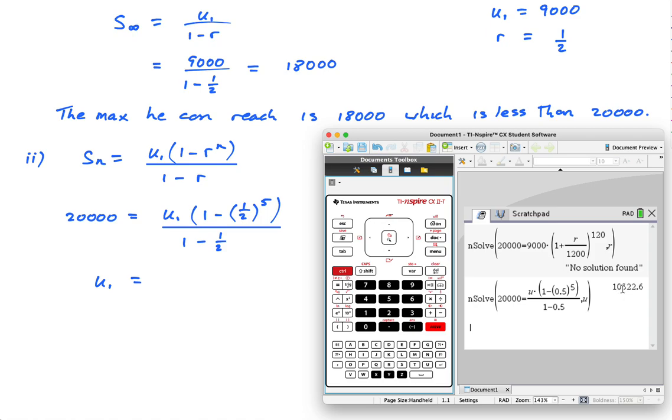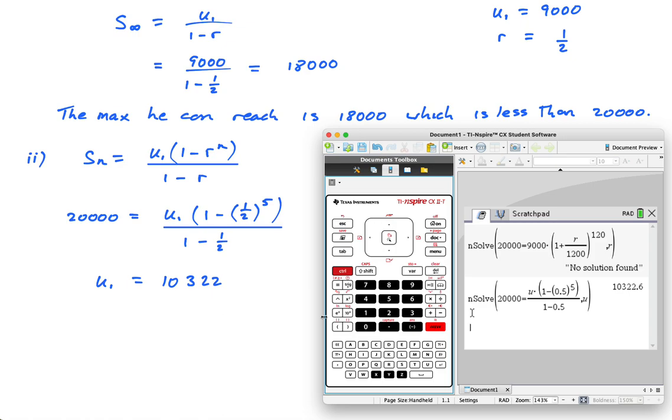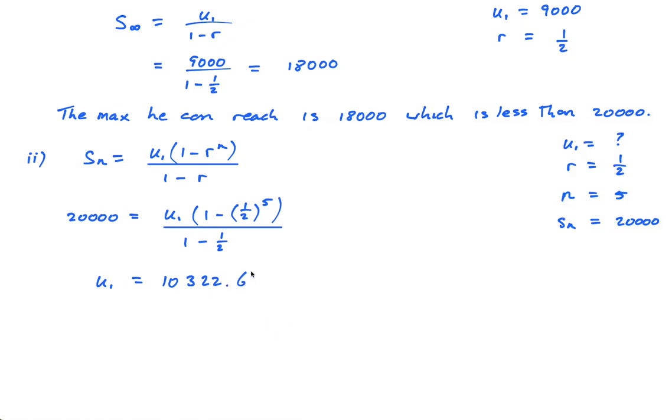Hang on, I've definitely done something wrong here. What have I done incorrectly? No, sorry, that's fine. It's 10,320. I thought it was 100,000. So 10,322.6.